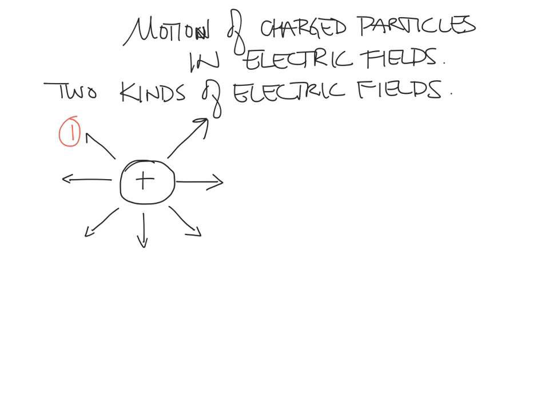And as we've talked about already, this is a non-uniform field, and you can see that because the field lines move out and spread away from the charge. So let's put down that this is non-uniform.